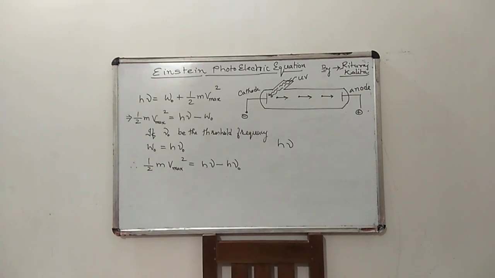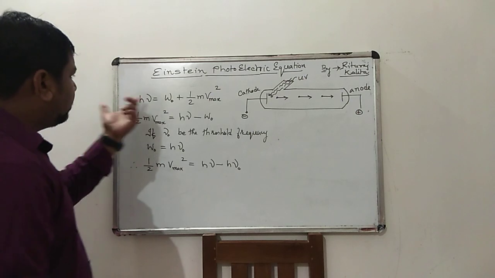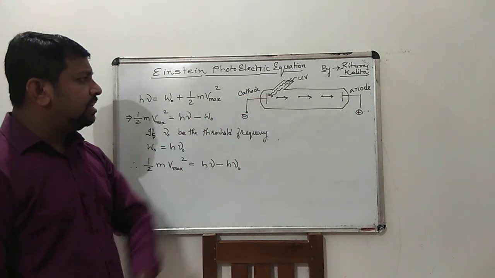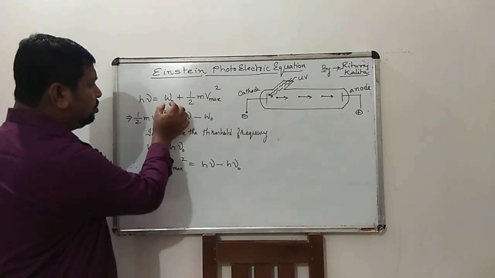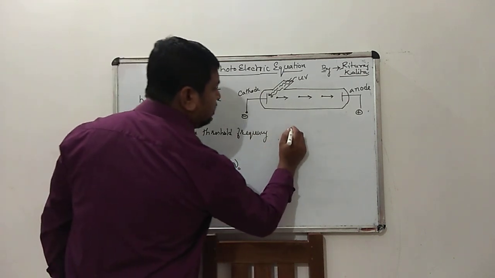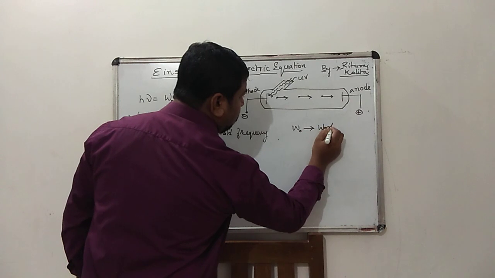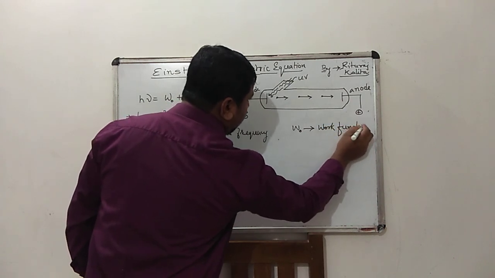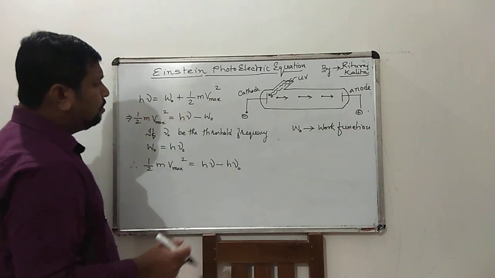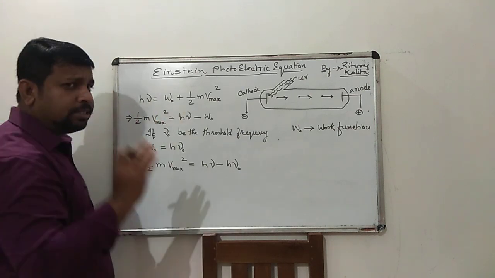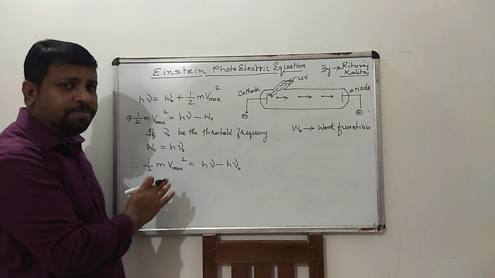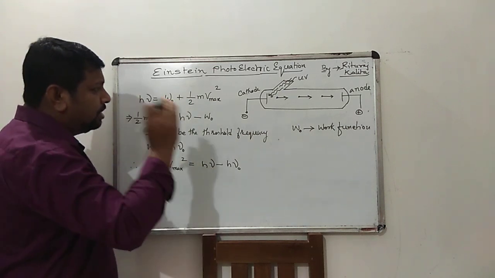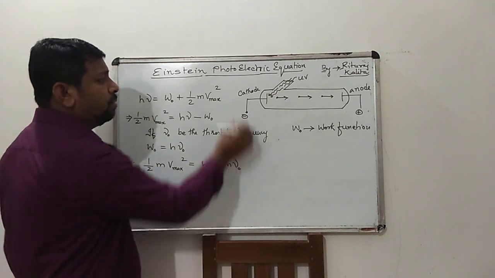The minimum energy, W naught, the work function, is used to liberate the electron from the metallic surface, and the remaining energy, half m Vmax square, the maximum kinetic energy, is used to move the electron from cathode to anode.